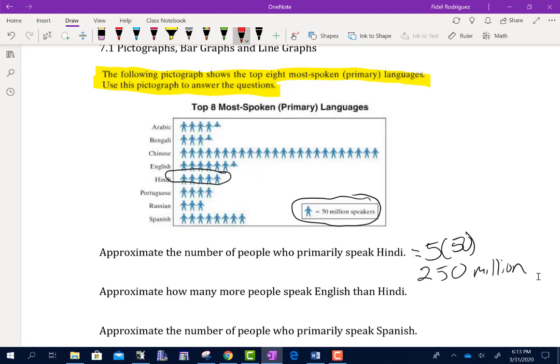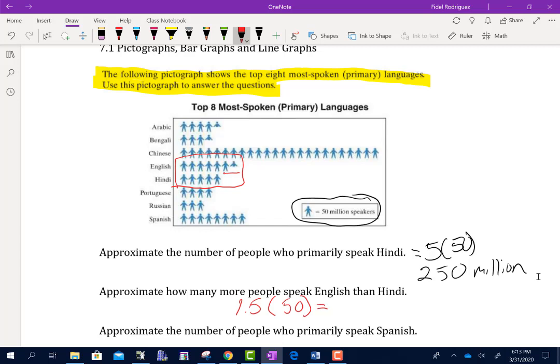The second question says, how many more people speak English than Hindi? Okay, so we already knew what Hindi was. So here's English and here's Hindi, right? Those two right there. We have 1.5 more. So we're going to go 1.5 times 50. That's what a half means.